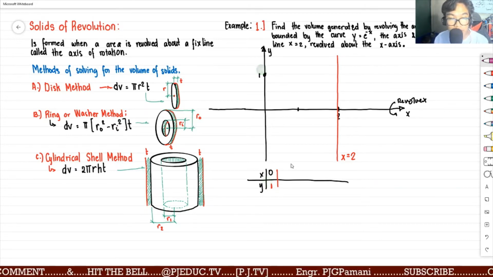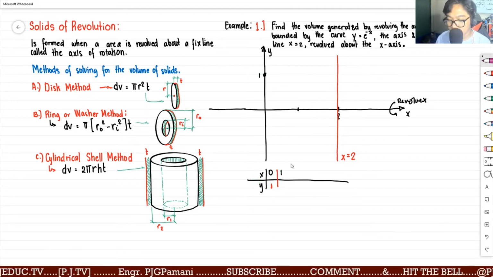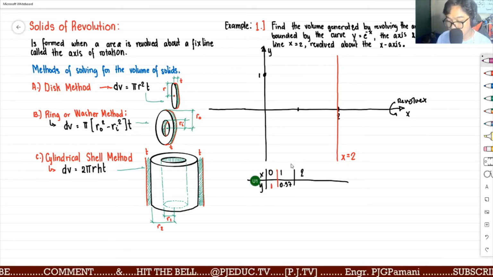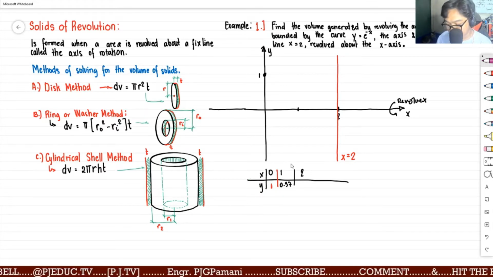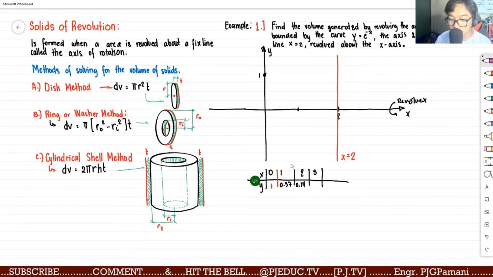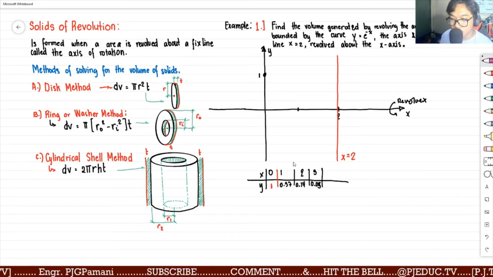For the rest, let's say x is equal to 1, e raised to negative 1 is 0.37; x equal to 2, e raised to negative 2 is 0.14; e raised to negative 3 is 0.05, and so forth.